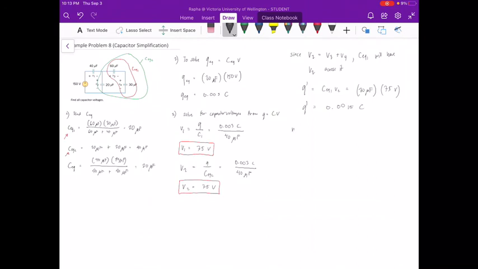Now we have to note that capacitance in series have the same charge through it.